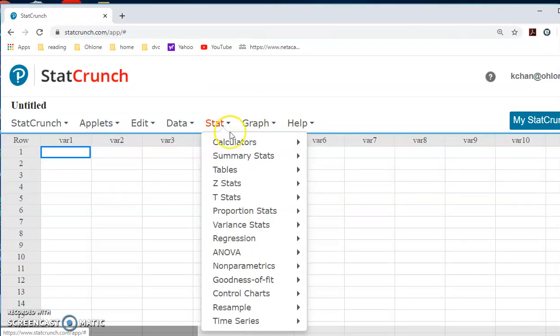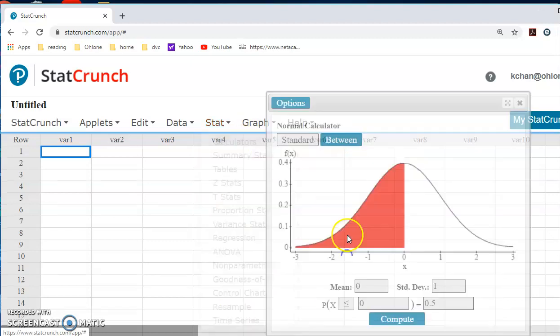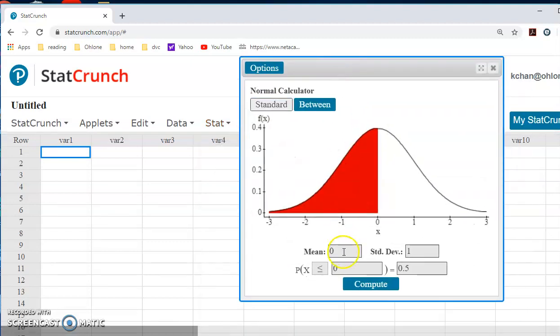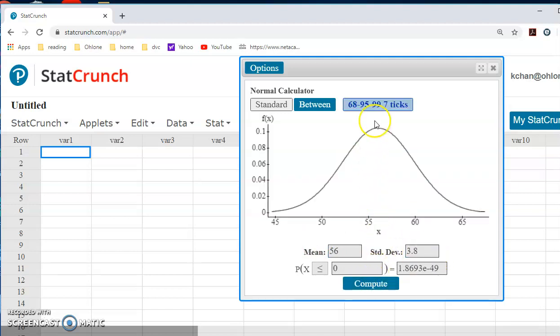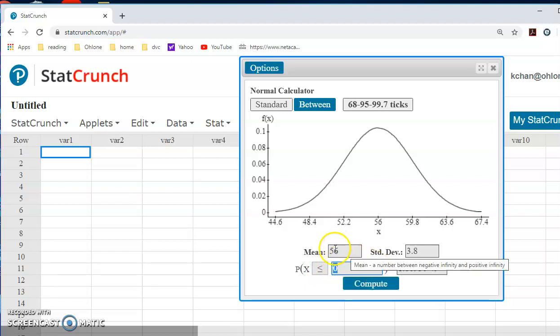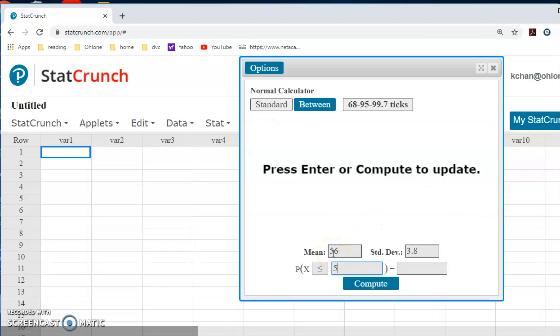That means you use your stat calculator, normal. In this case, you enter your mean and standard deviation, and then you want it to graph your tick marks correctly with mu, plus 1, plus 2 standard deviations by clicking this. Then to do the left side, let's say something a little lower, maybe 50.